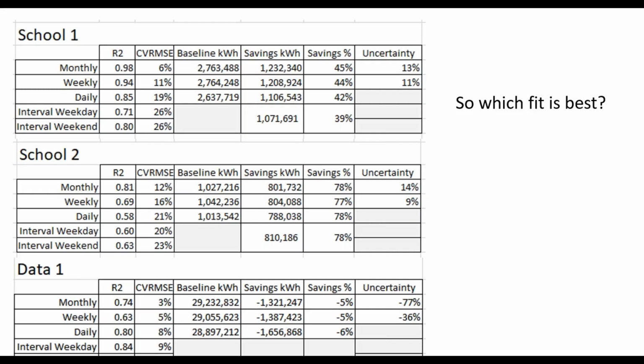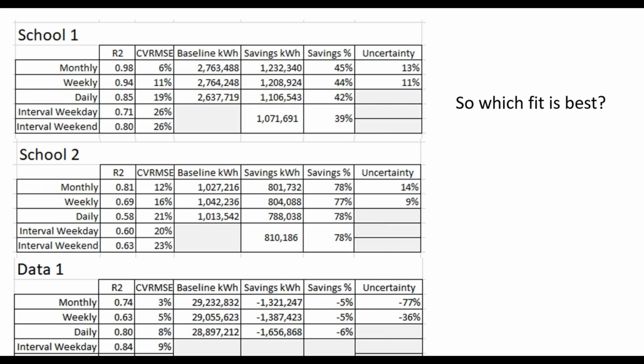I used a confidence level of 95%. So if your savings were a lot smaller, your uncertainty goes up essentially proportionately. These uncertainty numbers are probably pretty low, and what you'd see in a lot of cases is probably quite a bit higher.